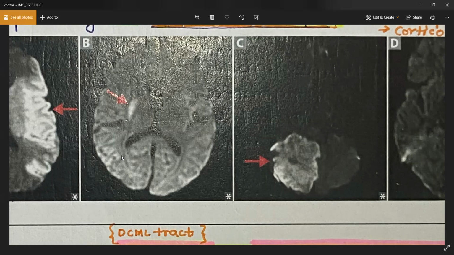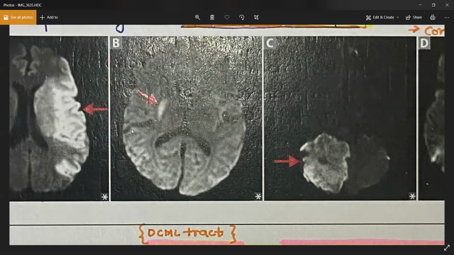Motor. Why not sensory? Sensory will include the thalamus, and the thalamus is medial to the point. Exactly, the thalamus will be medial, right? So the patient won't get sensory symptoms, but the internal capsule will be affected, and the putamen will also be affected. So the patient will get movement disorders, and he will get paralysis also, right?